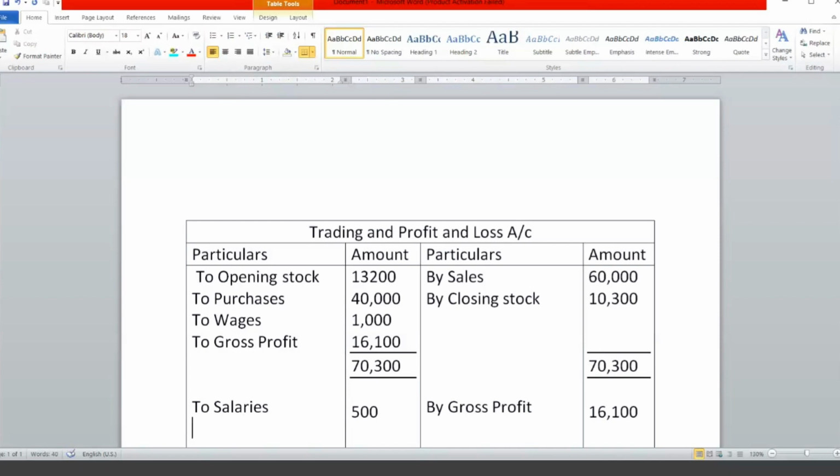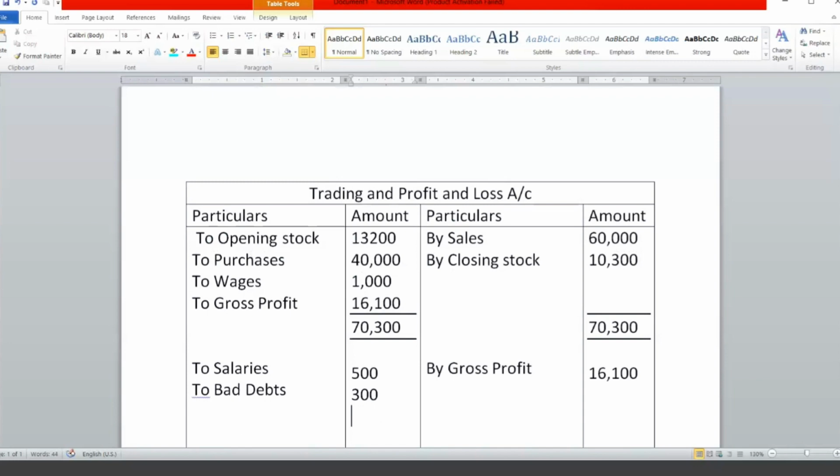Now let's check anything else we have. Drawings will not come, opening stock won't come, purchases are over, debtors, creditors will not come. Bad debts are there. To bad debts, how much? 300. Bad debts is 300. Then after bad debts, to printing and stationery.